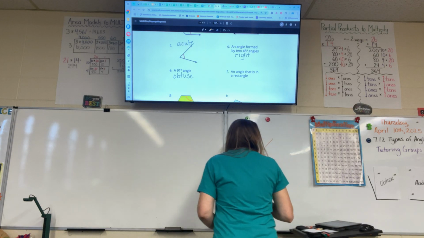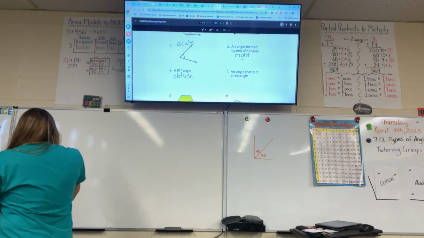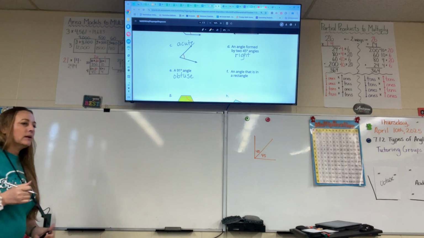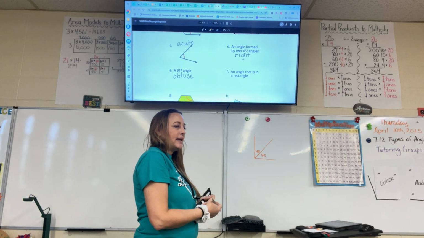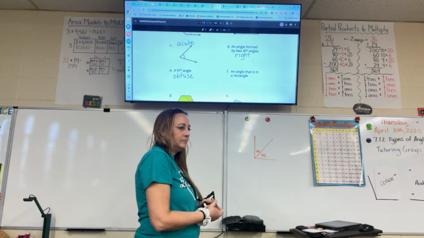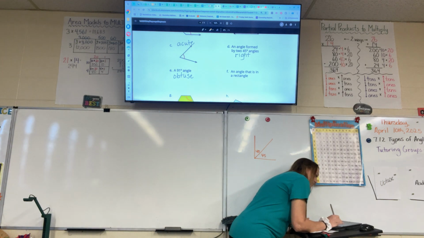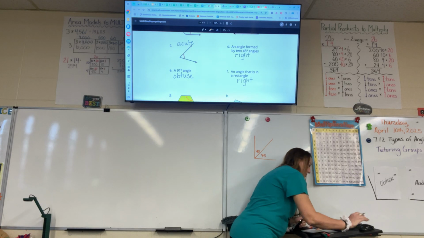Okay. An angle that is in a rectangle. Macy, what kind of angles does a rectangle have? Right angles. The whole rectangle is made up of 4 right angles.